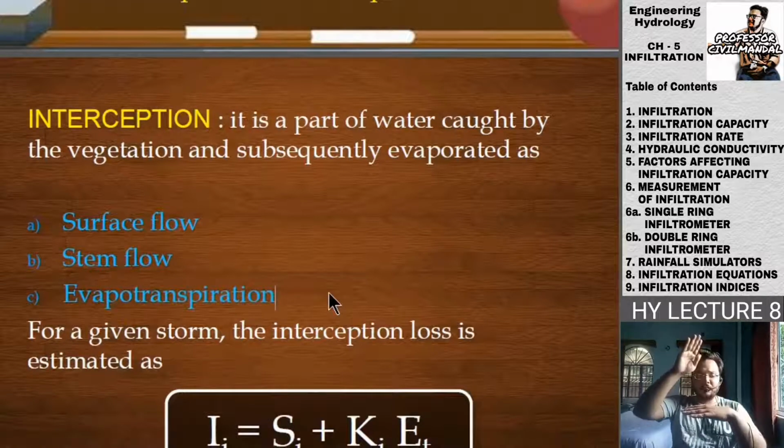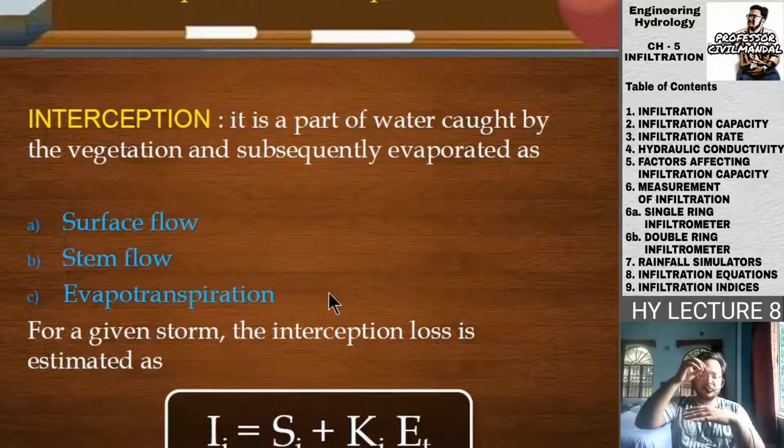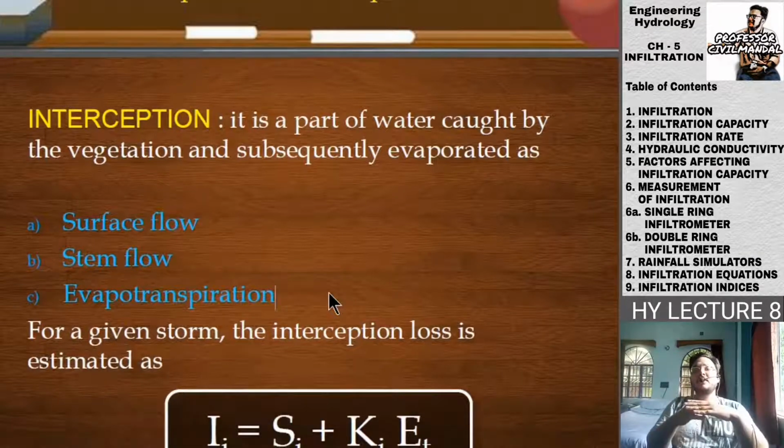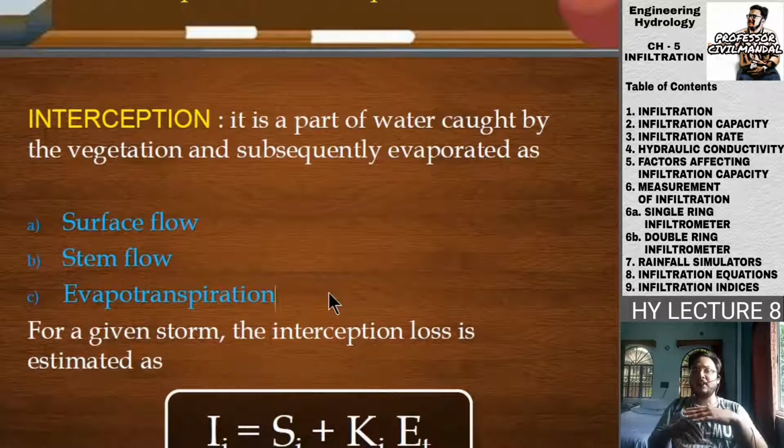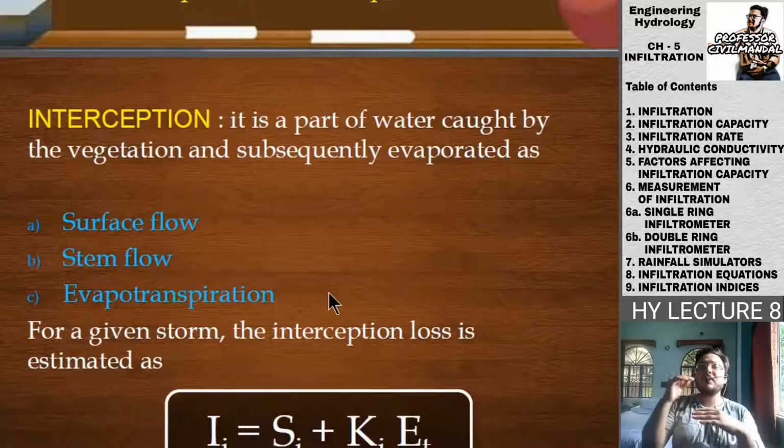It is expected that all the rainwater that falls will go to the soil. Depending upon the infiltration capacity, some will infiltrate under the ground and the rest will travel off as the surface runoff.